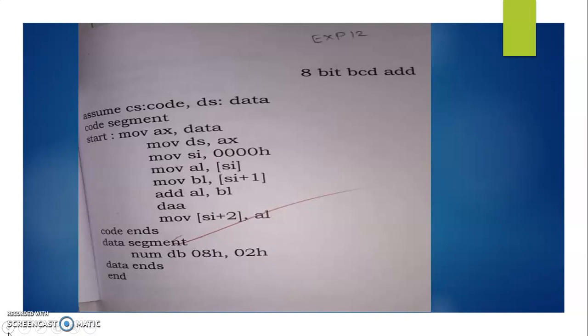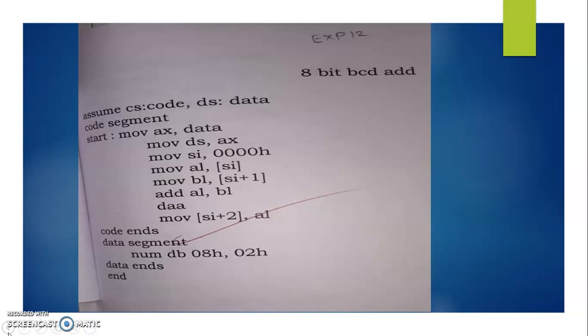Then you have to add two variables AL and BL, that is SI and SI plus 1, that is source index 0 and source index plus 1. Then ADD AL, BL, then you add the 6 in that. So MOV SI plus 2, AL, then you end up with the code segment.